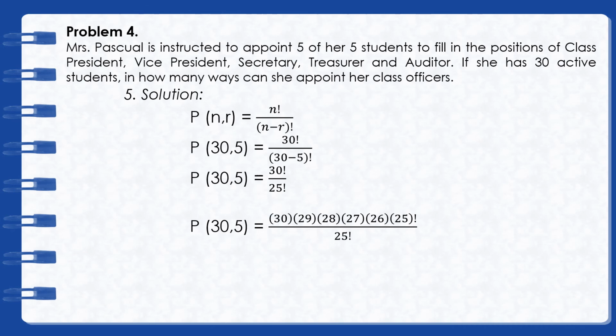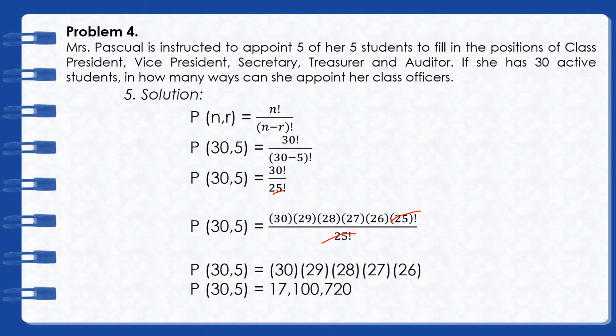I ended it with 25 factorial because the value in our denominator is 25 factorial, so I can easily cancel it. And the only remaining numbers in our numerator are 30 multiplied by 29 multiplied by 28 multiplied by 27 multiplied by 26. And what is our answer?